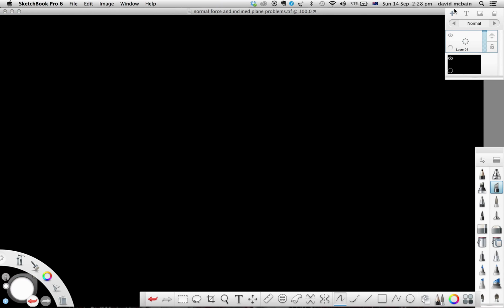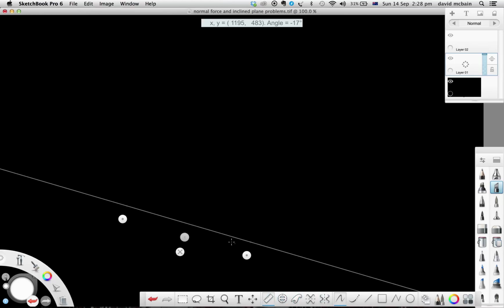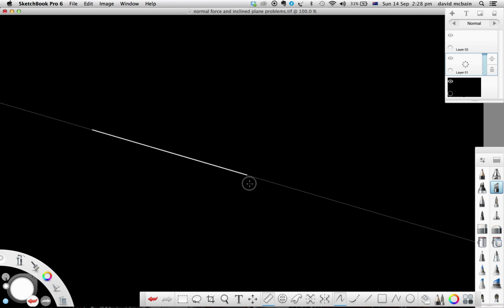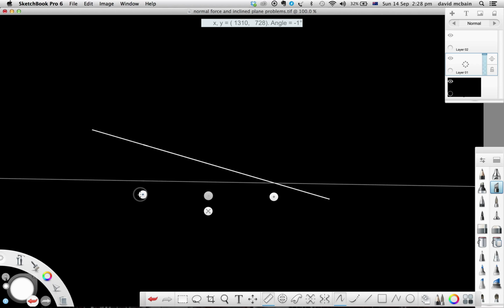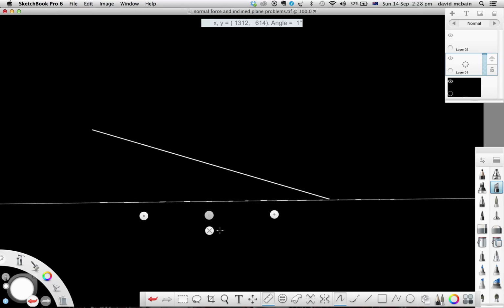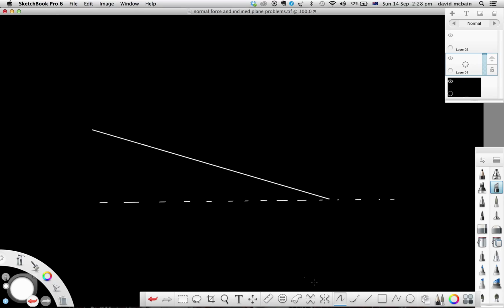I might actually add a new layer there. There we go. So there's our ramp. And here's our little mass.